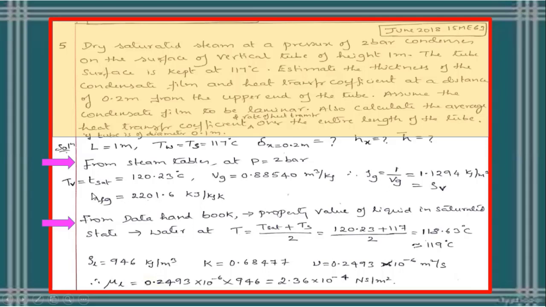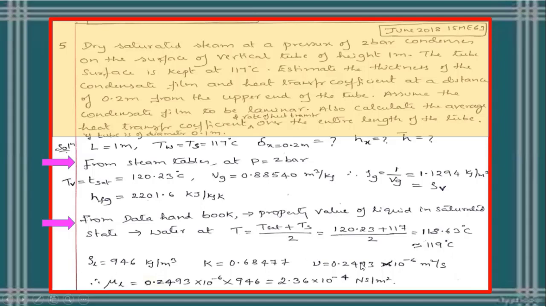Then the hfg value, latent heat value at 2 bar pressure you need to find out, since the condensation is occurring at 2 bar. So get the value of hfg. Then go back to the data handbook, and get the properties of the liquid in saturated state at the average temperature, that is saturation temperature at 2 bar pressure plus surface temperature 117, you will get the average temperature.